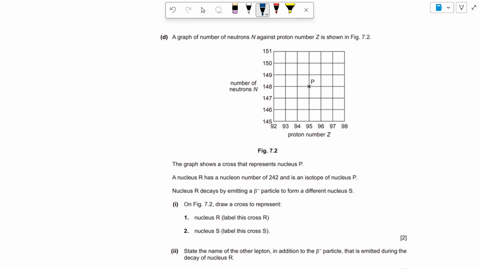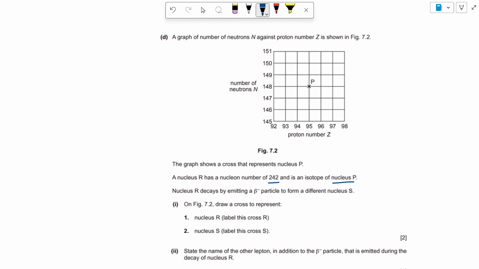Okay, so the last part, of course, representing nucleus P. A nucleus R has a nuclear number of 242 and is an isotope of nucleus P. Nucleus R decays by emitting beta particles to form a different nucleus S. We need to show this.